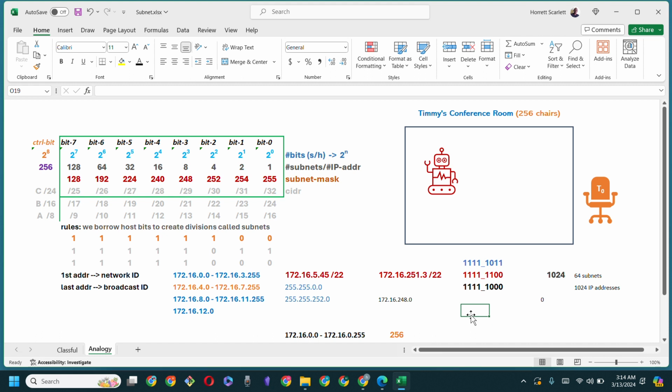Well, remember, we are saying here that the increment size is 4. So if we add 4 to 248, that carries us to 252. So the next network would be 172.16.252.0. And if that is the case, then this network here would have to be 1 less than this one.